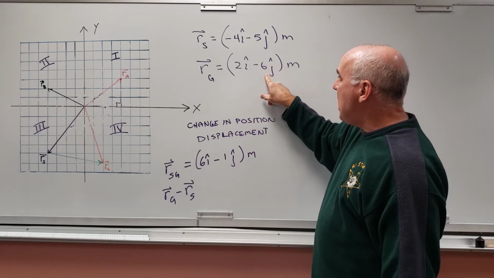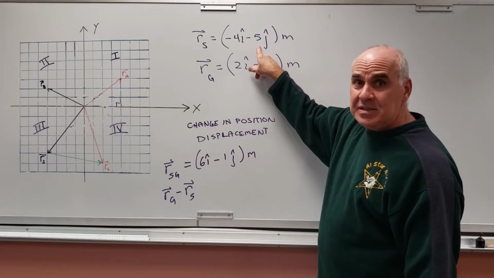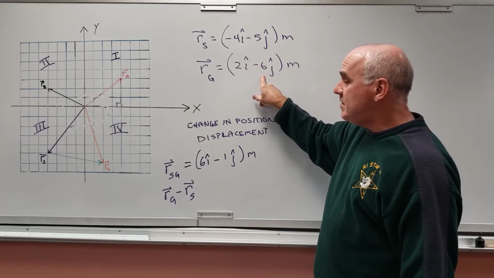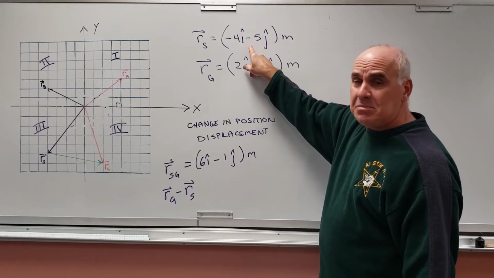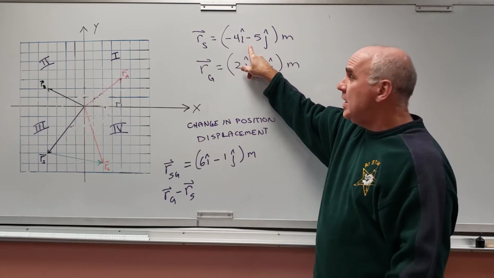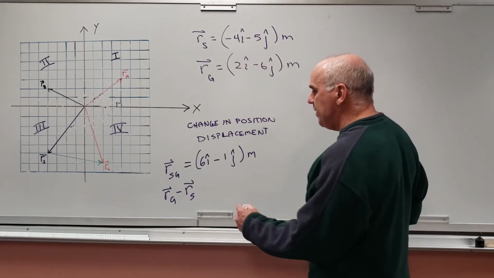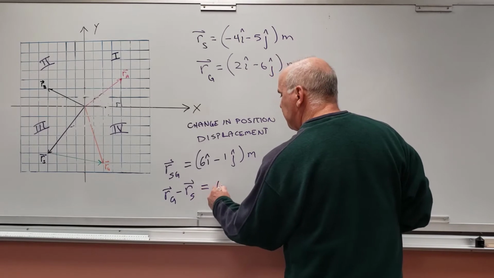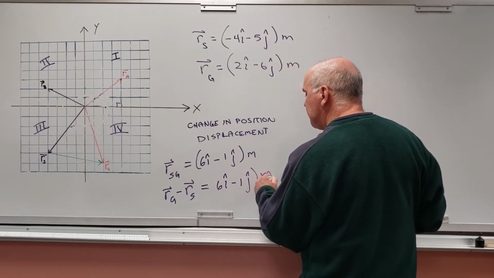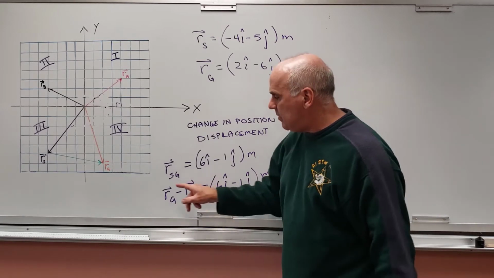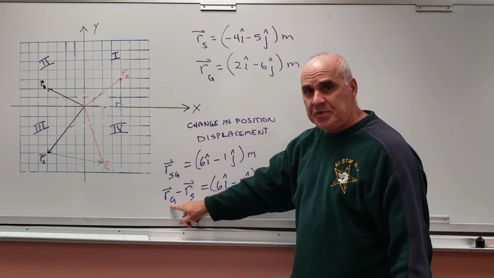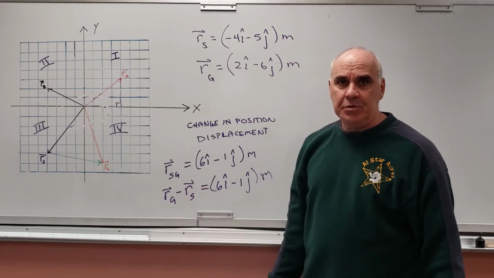And then the j's, minus 6j minus a minus 5j, that becomes plus. So minus 6 plus 5, I go towards 0. That's going to be negative 1j. And that's going to give me then the 6i minus 1j meters. So I can find the position from Shelby to Grayson by taking Grayson's position minus Shelby's position.